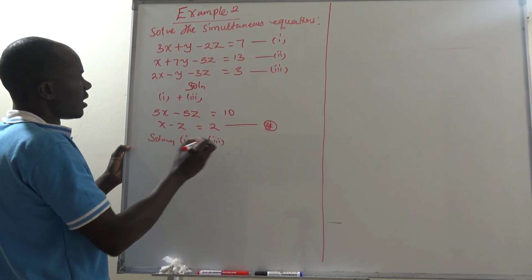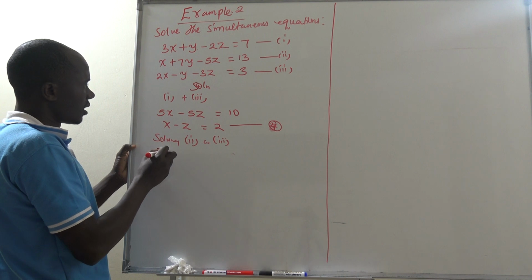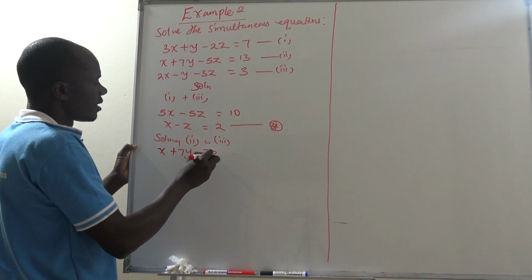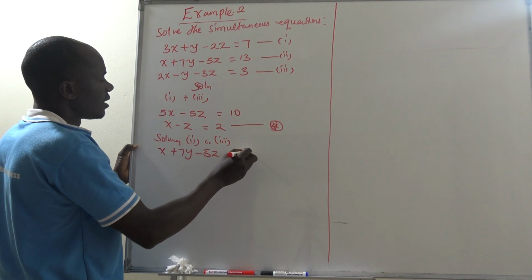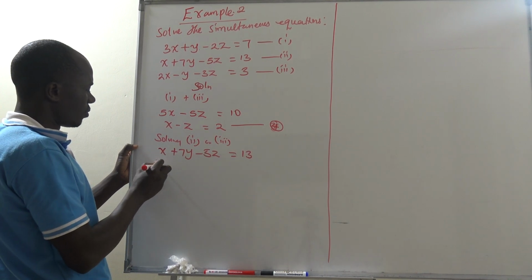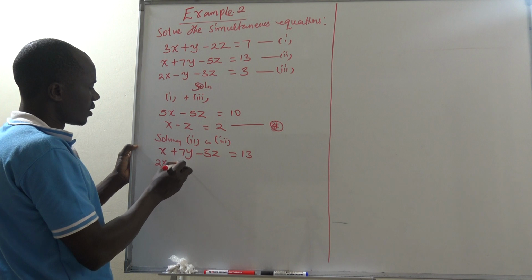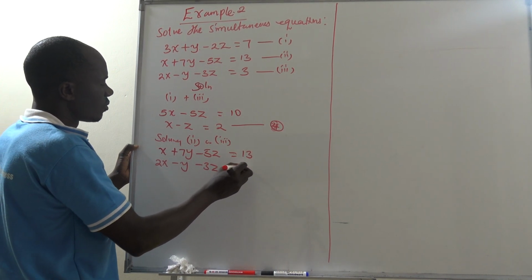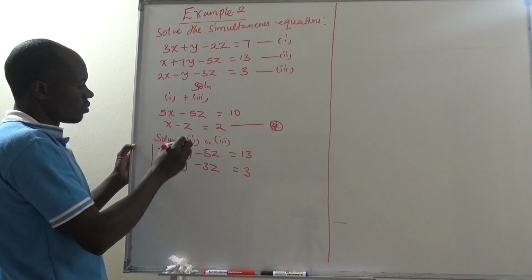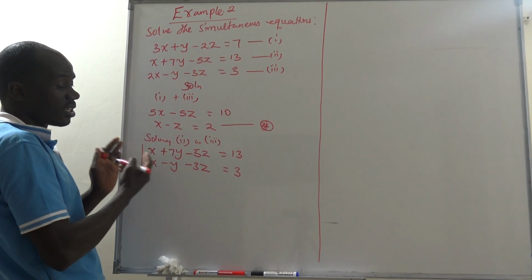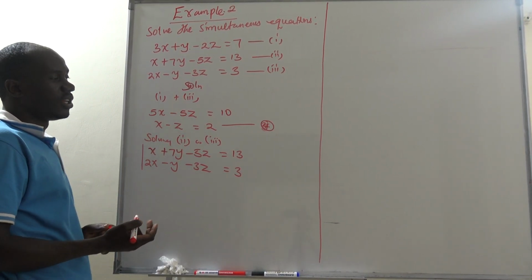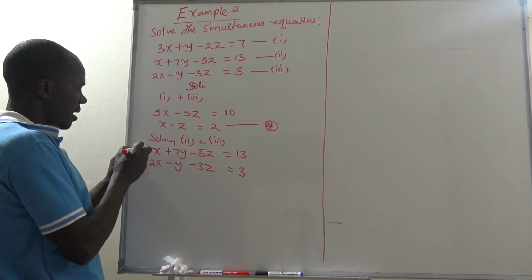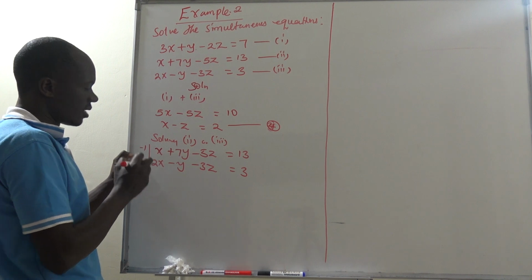So solving 2 and 3, I've got x + 7y - 5z = 13, and 2x - y - 3z = 3. Our interest is to eliminate y so that we can remain with x and z, so that they can connect with equation 4. So I'm going to put up negative 1, then down 7.